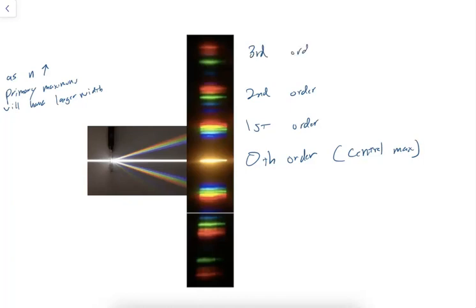You can see that they're actually getting further and further apart, as I said before. This is path difference of 1 wavelength, path difference of 2, path difference of 3, and so forth. We also know that it is symmetric on the other side. So first order, second order, third order.